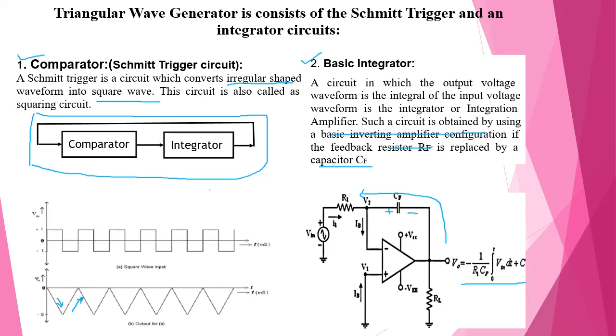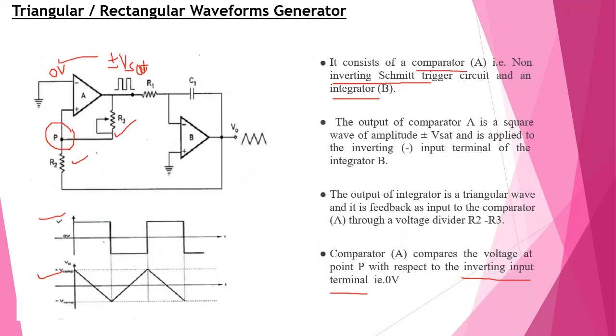In this slide, that is the triangular and rectangular waveform generator, here is the circuit diagram, and this is the output of the comparator and the output of the integrator. It consists of one comparator and one integrator.